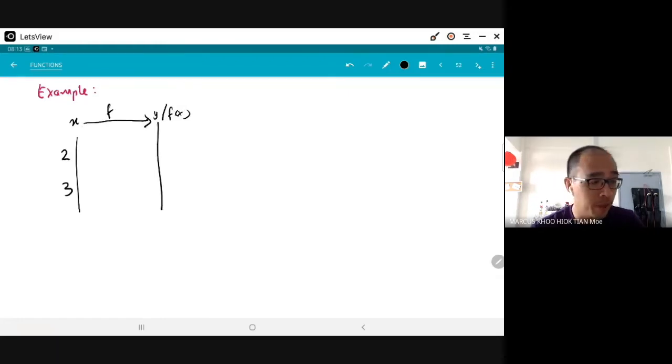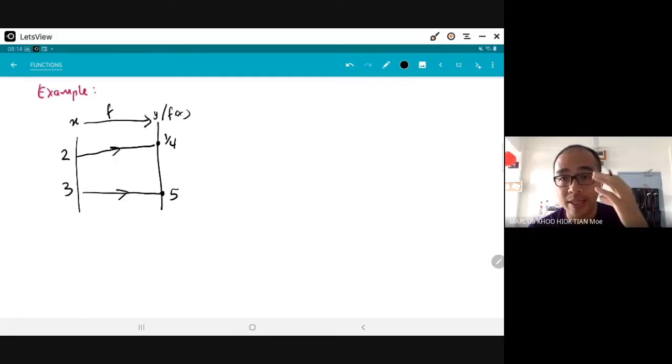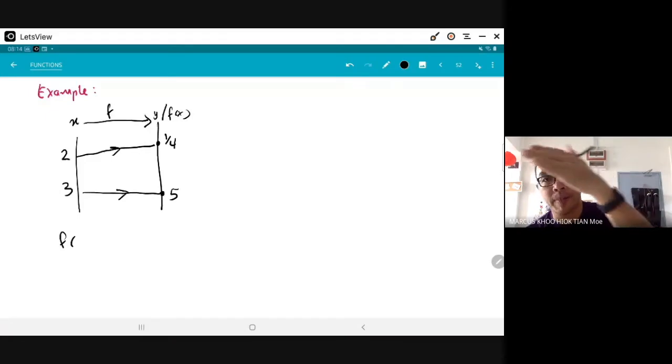So we get 2 will go to 1/4 and 3 will go to 5. So kalau saya ikut ini, what you can see in this, f2 equals to 1 over 4. Okay, saya ikut je itu anak panah. If my object is 2, my image is 1 over 4. If my object is 3, my image is 5.